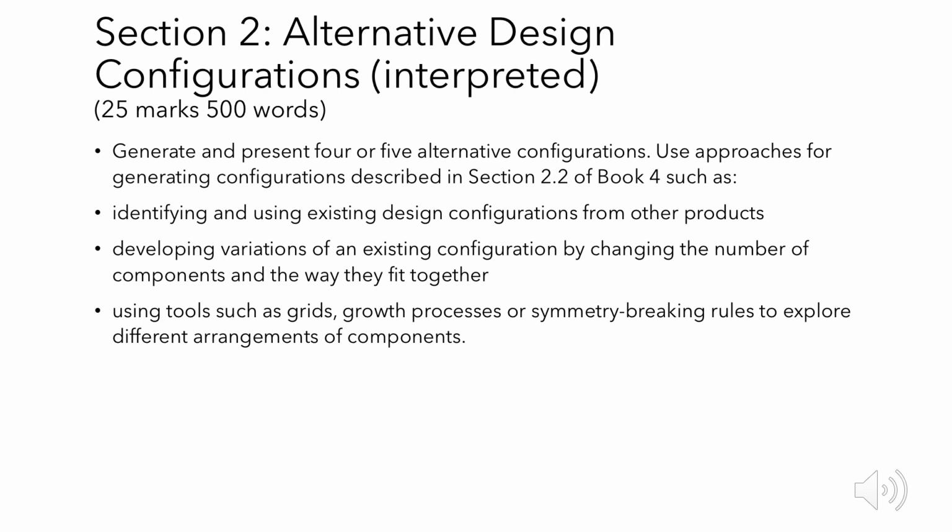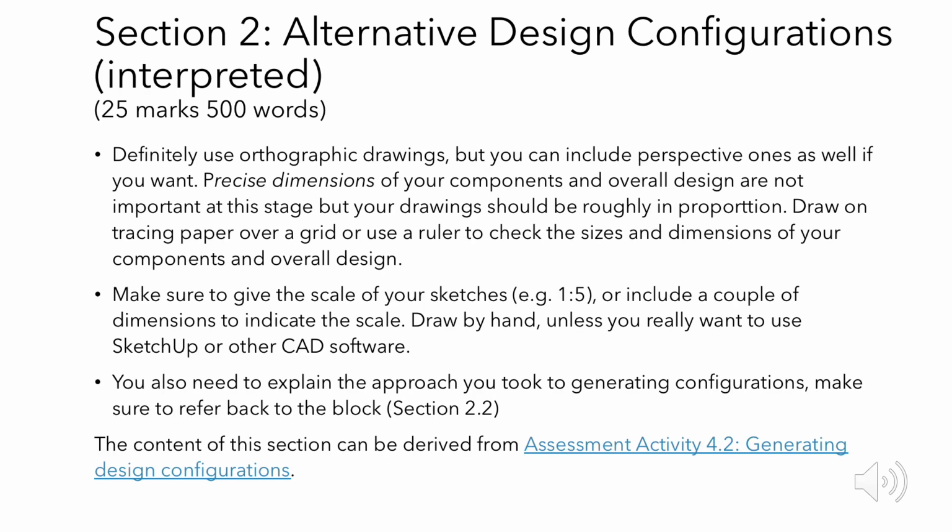And I've just been through those: using existing design configurations, changing the number of components or the way they fit together, or using one of the methods such as grids or growth processes or symmetry breaking to try and explore some rather different arrangements.